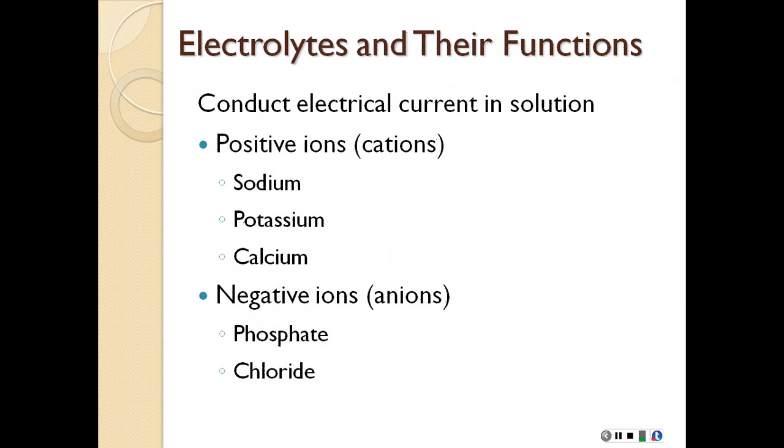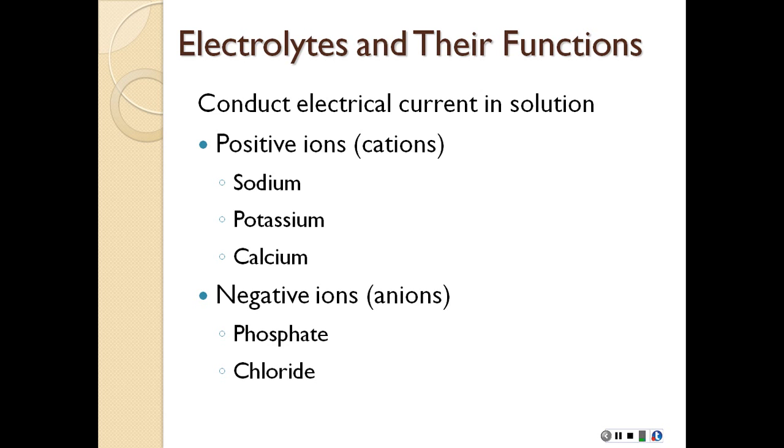So electrolytes and their functions, we won't go through the functions, but if you all think back, you may be able to think of some of the functions like sodium and potassium, nervous system, muscle contraction, heart action potential. So all of those organs and systems require sodium, potassium in order for them to function.